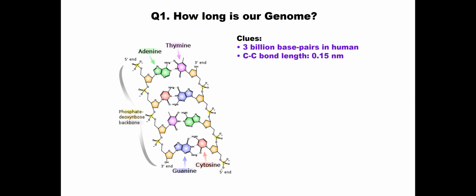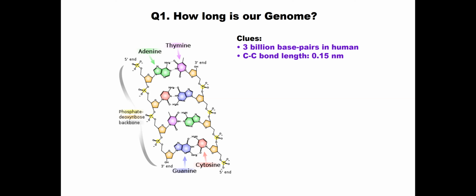If you get this kind of question, you can look at this structure and count the bond number from one unit to the other unit. How many bonds here? 4 to 5 bonds? It's not difficult.